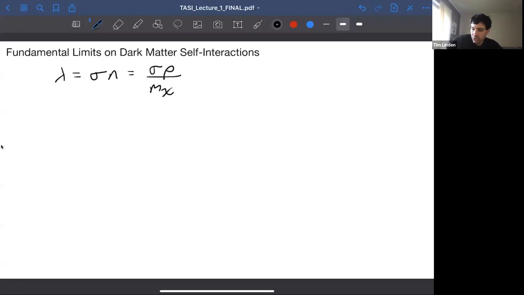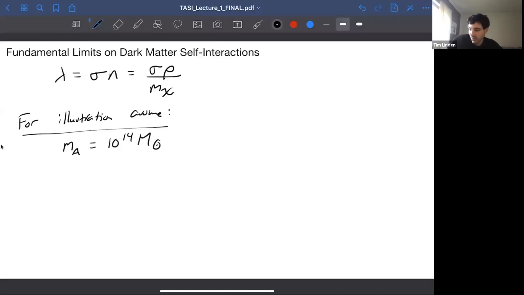And just for our illustration, we're going to assume that this collision was 2 galaxy clusters, 10 to the 14 solar masses each, so they're much bigger than galaxies. And we're going to assume the radius of each of our colliding galaxy clusters is the same, 100 kiloparsecs. I'm just making these numbers up.